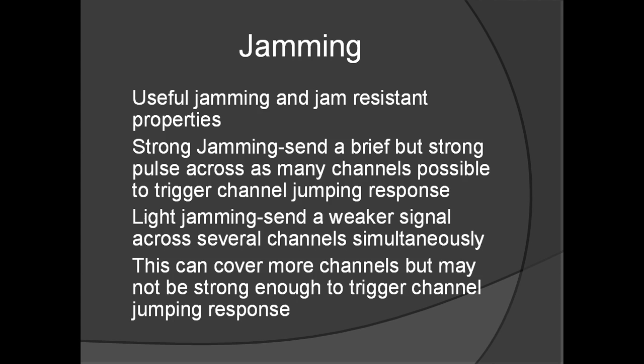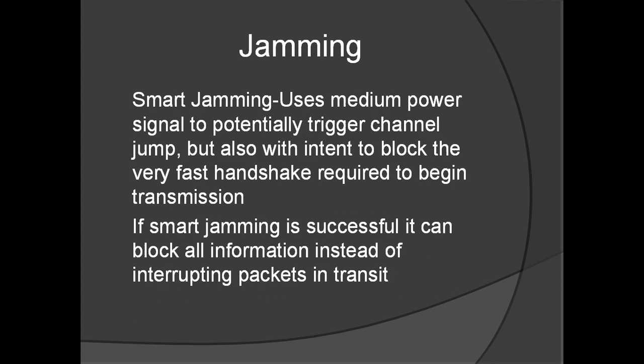With light jamming, a weaker signal is sent across several channels simultaneously, covering more bandwidth. However, at the expense of a lower power, it may not be strong enough to trigger the channel jumping response desired. A third strategy is smart jamming, which uses a medium power signal covering more bandwidth than the strong power signal but less than the weak power signal.